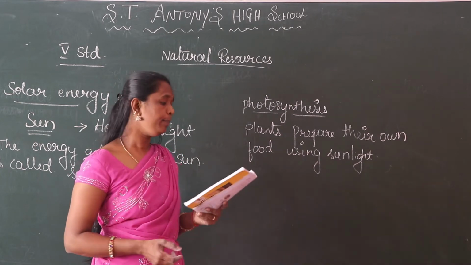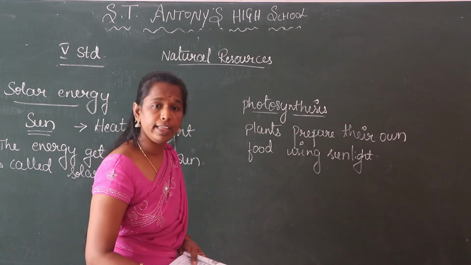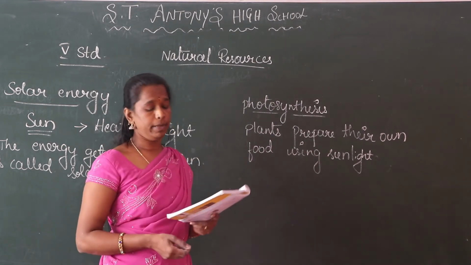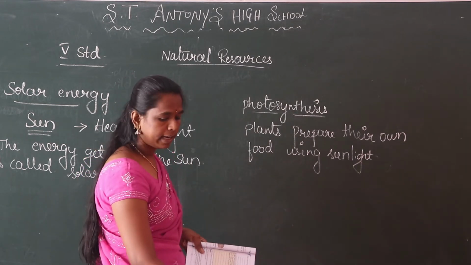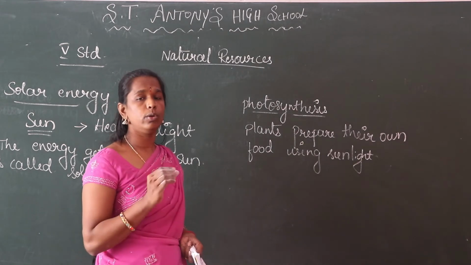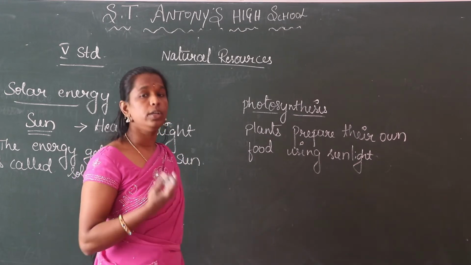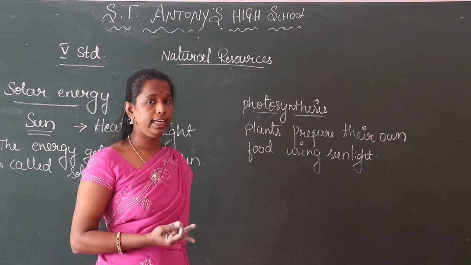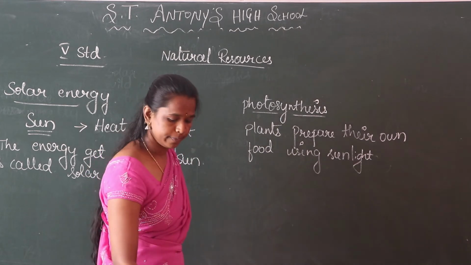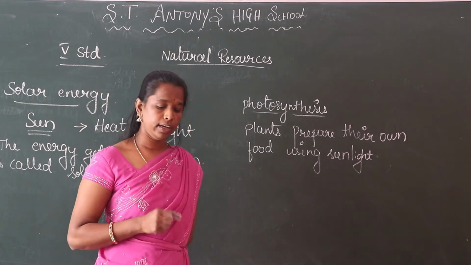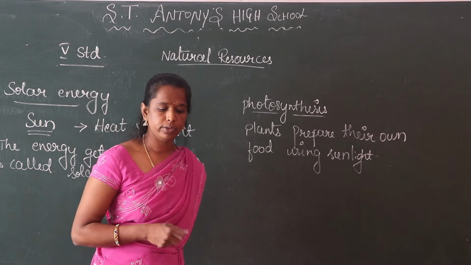Here are some activities done using solar energy. Write these examples in your textbook, on page number 63. Some examples are the solar cooker, solar heater, solar cell charger, solar chimneys, solar cell phones, solar powered fans, and the solar dryer.